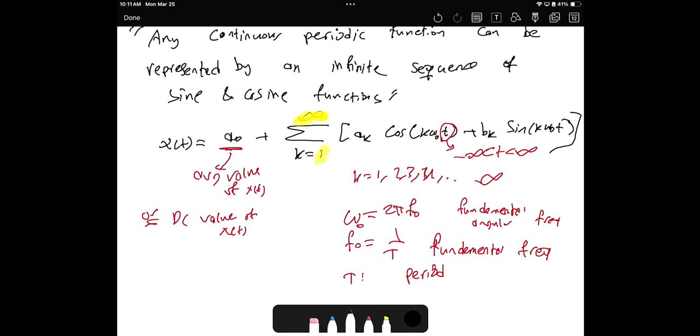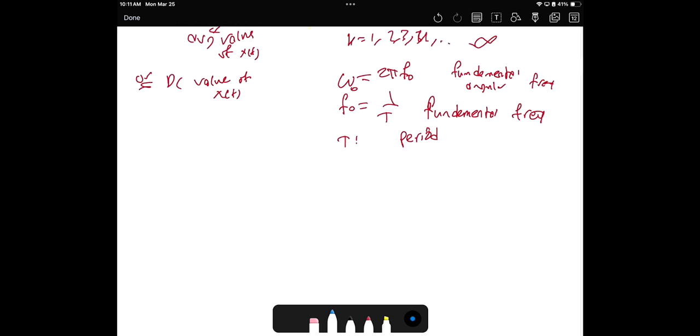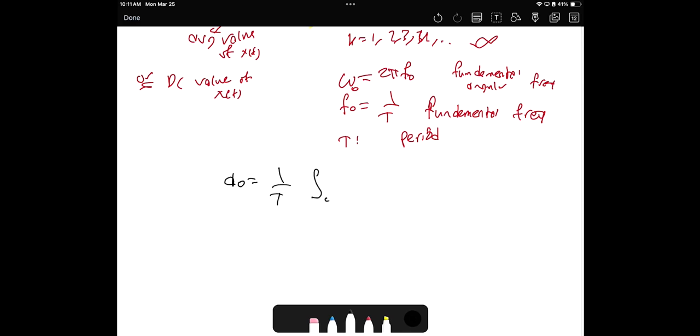Now, about the derivation: how can we find a0, a sub k, and b sub k? We know cosine, we know k, omega, and T. Those are the formulas. A0 equals 1 over T times the integral from 0 to T of x of t dt, or in other words, the average value of x of t.